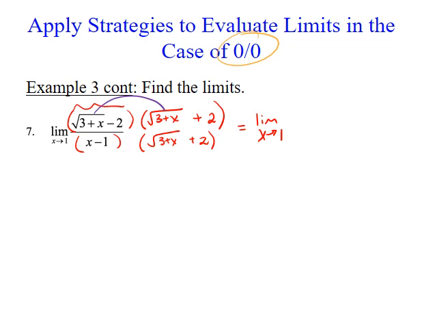This gives me the quantity 3 plus x. This and this cancel out, and then I have minus 4. In the bottom, I could go ahead and FOIL this all out, but I'm just going to leave this as is for now.